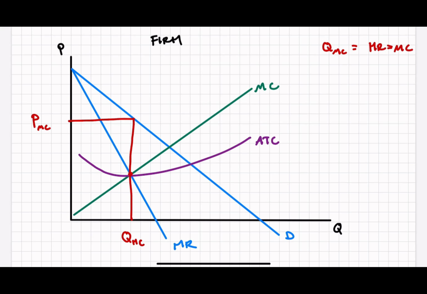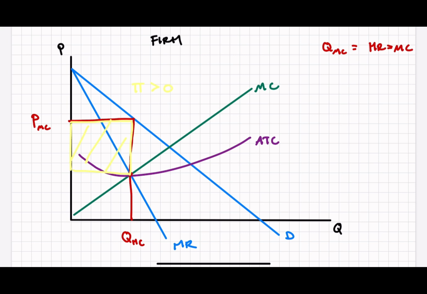Now from this, we can also identify that there's this area right here where price minus average total cost is positive. So in this case, profits are positive. In the short run, the firm is making a positive profit.